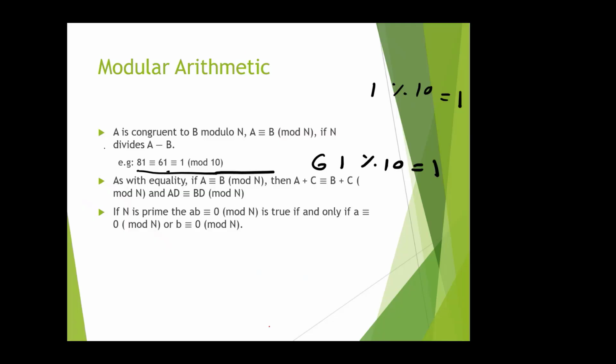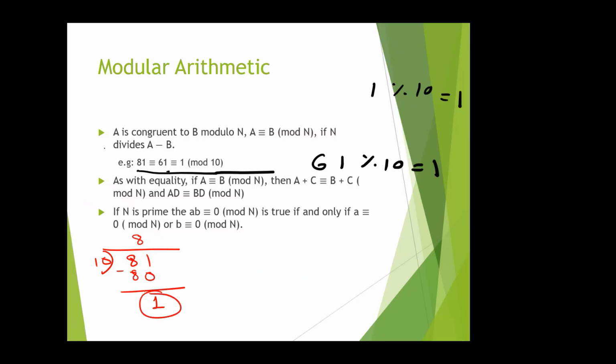It is nothing but a remainder operation. When we do division, we know that there is a quotient and a remainder. So when we perform the mod 10 operation on these numbers 81, 61, and 1, we are taking the remainder. If we divide 81 by 10, the quotient is 8, and 1 is the remainder.